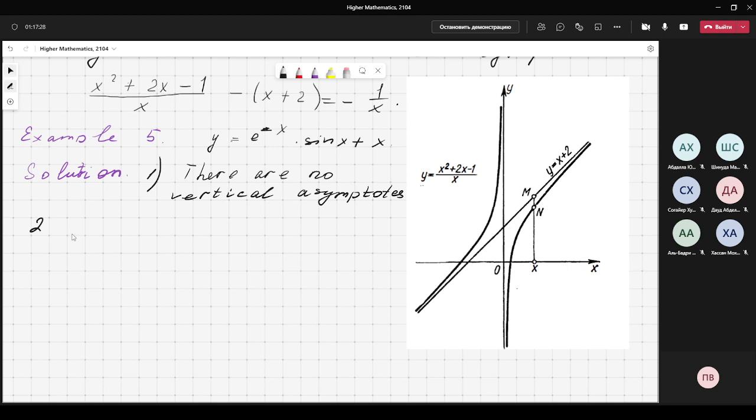The second, look for inclined asymptotes. k is the limit as x approaches plus infinity of y over x. We have 1.